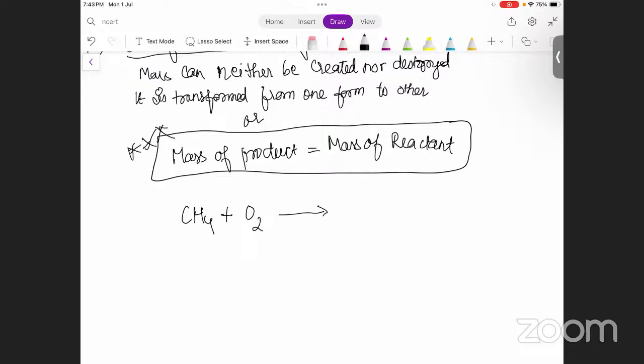Whenever we are burning any hydrocarbon, you should know that the only two products I am going to get are carbon dioxide and water. So I'll get carbon dioxide and water, right?